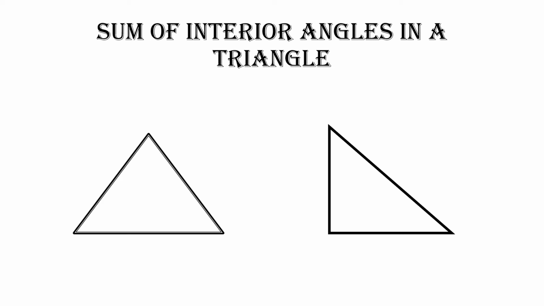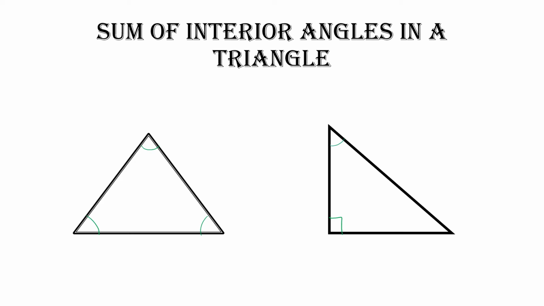Let's look at the sum of interior angles. Remember we just established, a triangle will always have three angles. How much will these angles add up to? If you were in a practical class, of course, I would gladly experiment.